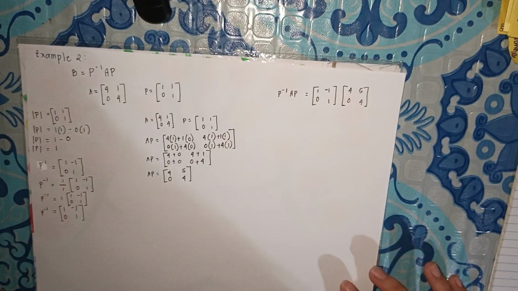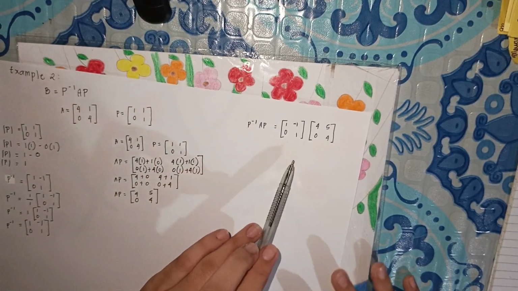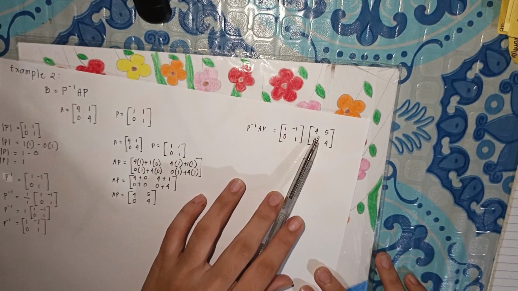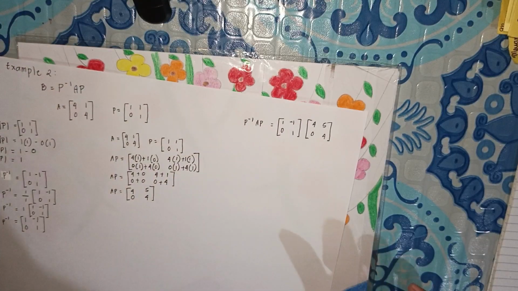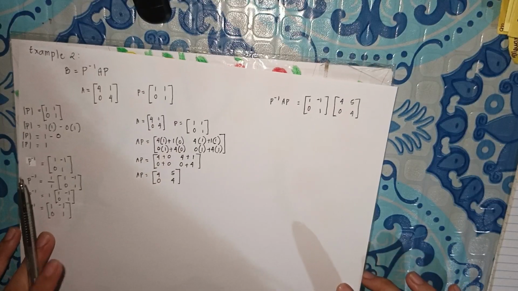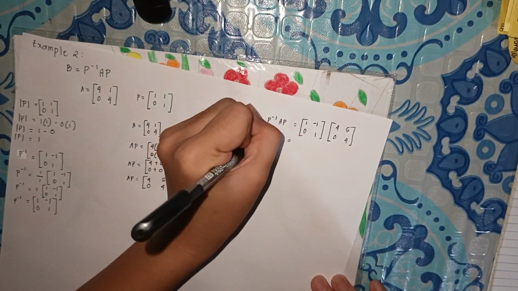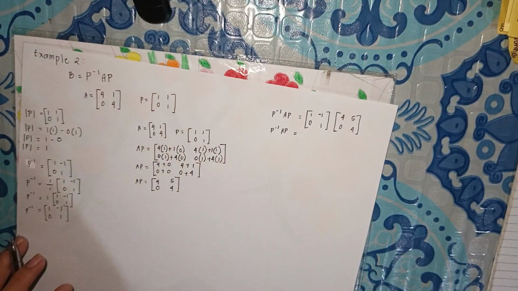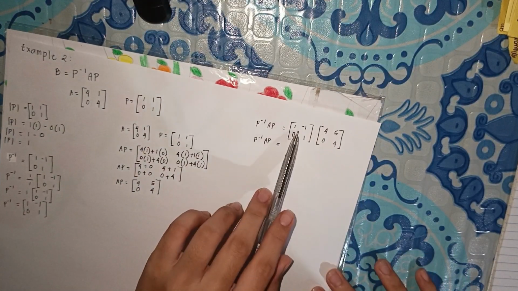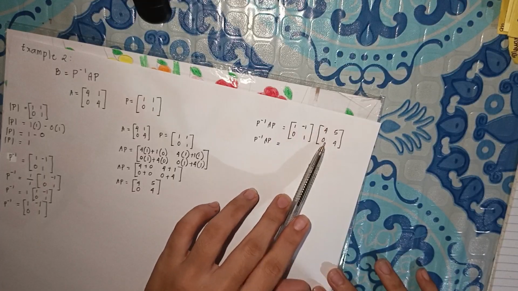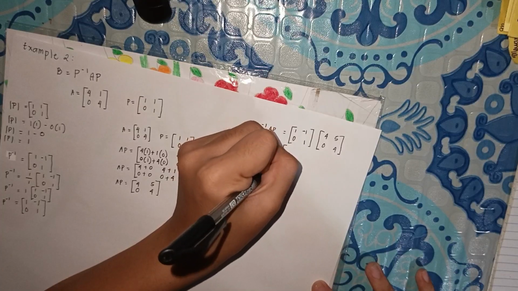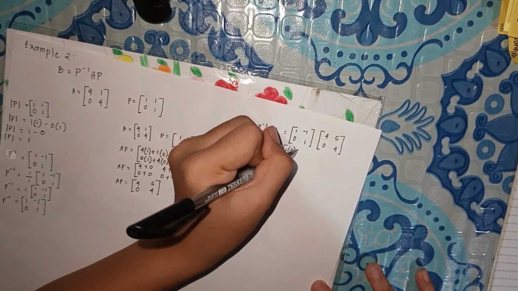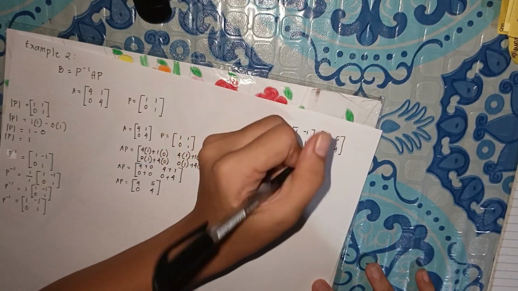Now, we multiply. They can be multiplied since 2 by 2 times 2 by 2, the inner numbers are the same. Now, we multiply it row times column. So, 1 times 4 plus negative 1 times 0.